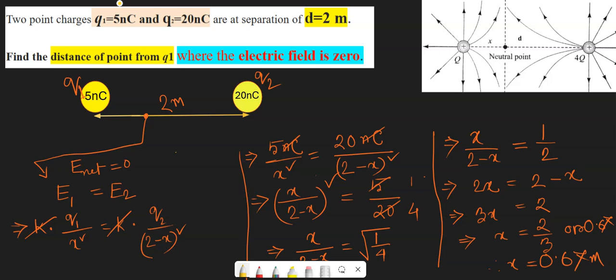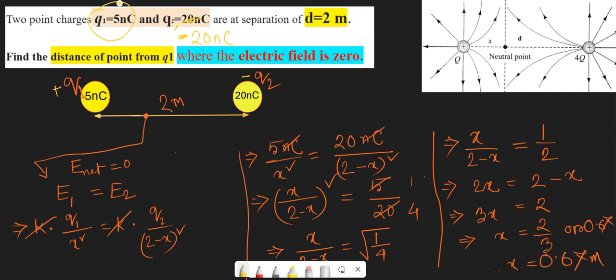Now, if you consider this Q1 is 5 nanocoulomb, obviously same as before, and now Q2 is minus 20 nanocoulomb. So this Q2 value will be minus 20 nanocoulomb instead of positive. It means that this second charge Q2 will be negative. So this one is positive and this one is negative.